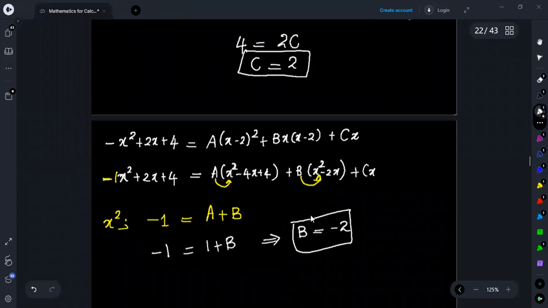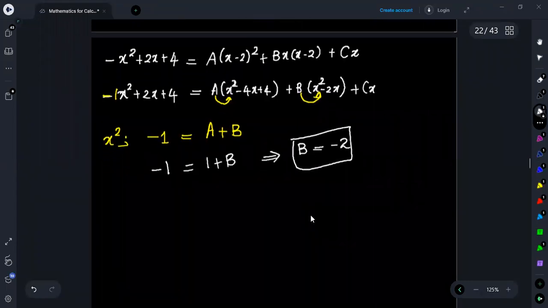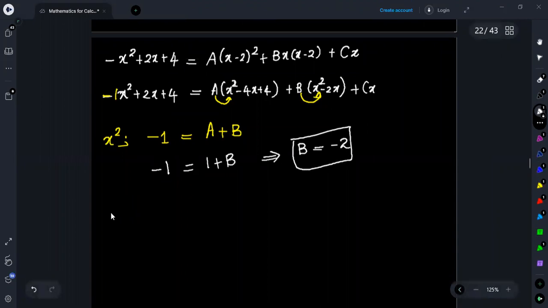Once we have obtained the values of all these three constants, we can write the answer. The problem that we have to find the partial fractions of is x plus 4 over x to the power 3 minus 4x to the power 2 plus 4x.